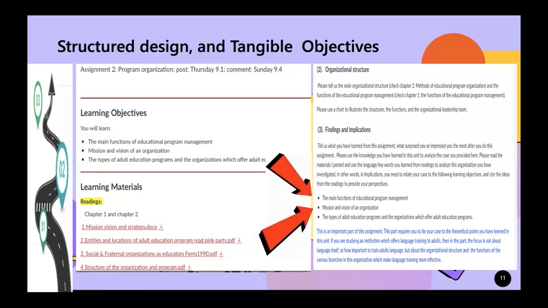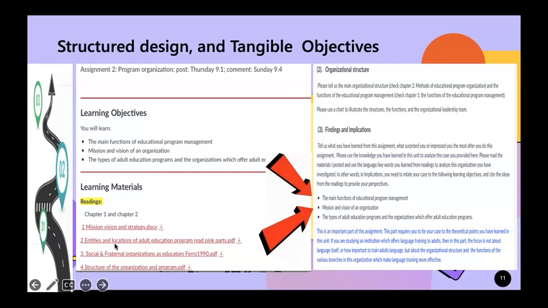So here's an example of how I structured the course design so that the learning objectives and learning materials are all integrated into the assignments. For example, here the learning objective is to learn the main function of educational program management, mission and vision of organization, and types of adult education programs.